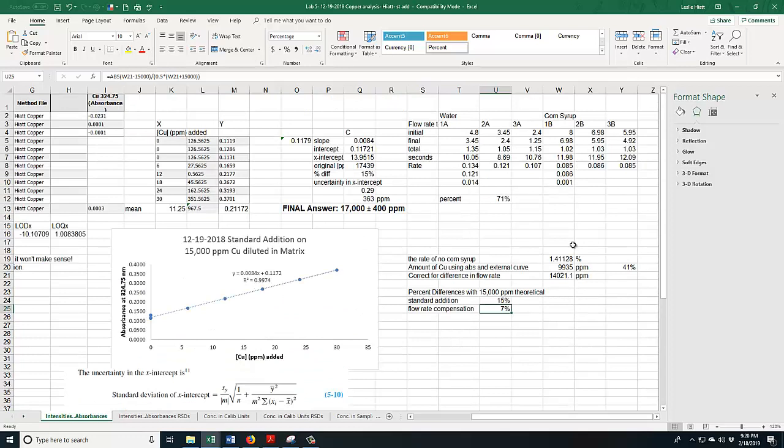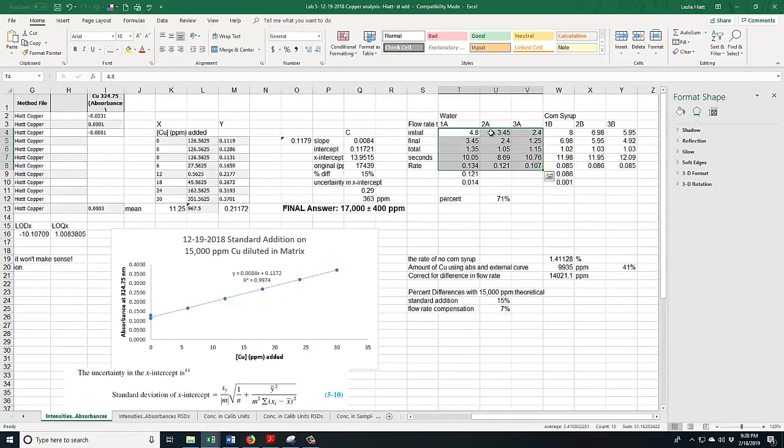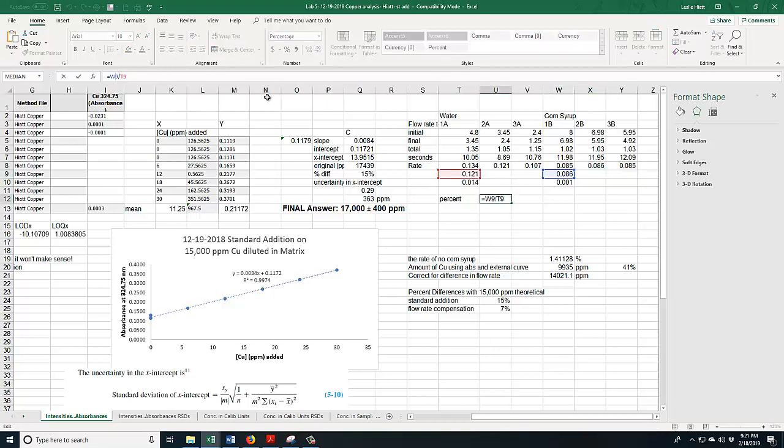How I accounted for it was I took graduated cylinders and slowly sucked water out of them. I timed them approximately 10 seconds apiece, then looked at the rate, and the rate for water was a whole lot faster than the rate for sucking up corn syrup. I found the average rates and the standard deviations, and the percentage difference between the two was around 71%.